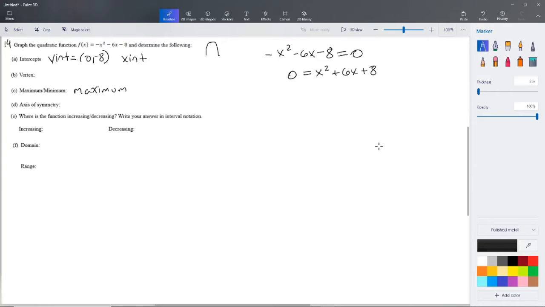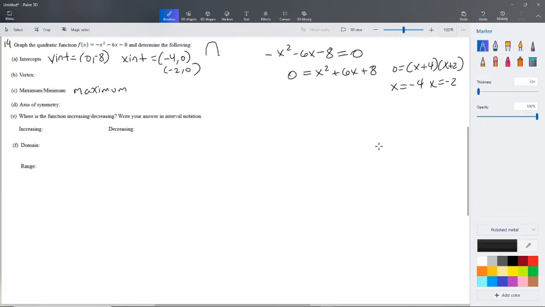I should be able to factor that as x plus 4 and x plus 2, which merely means that x is negative 4 and x is negative 2. And so our x-intercepts are negative 4 comma 0 and negative 2 comma 0. And we just answered part A, the y-intercept of 0, negative 8, and the x-intercepts of negative 4, 0, and negative 2, 0.